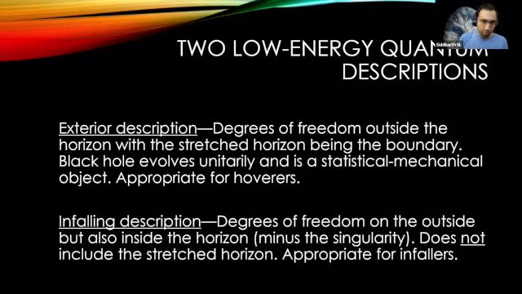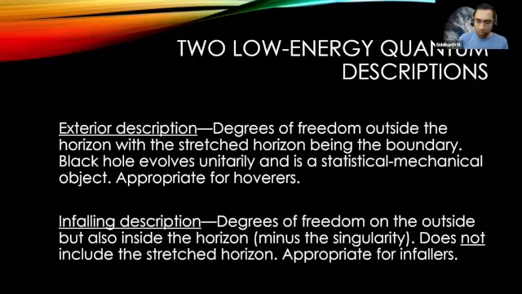This is the description that's appropriate for hovering observers, but the description itself is independent of any appeal to observers. Similarly, there's an infalling description, which includes degrees of freedom on the outside, but also inside the horizon, minus the singularity, of course. And it does not include the stretched horizon. And this is a description that's appropriate for infalling observers.